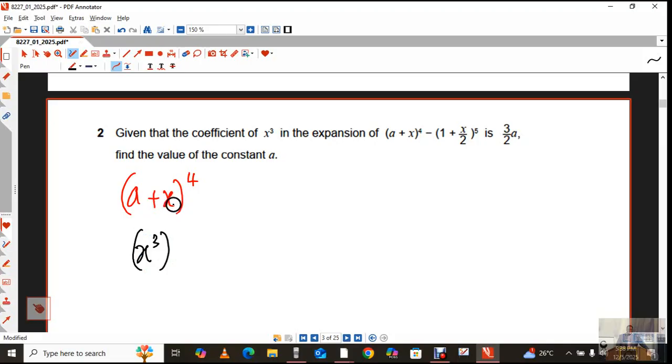In order for me to find that coefficient, I have got another term a here, so that a has to be power 1, because the two of them should add up to the 4 that I have over there. I'm just going to rewrite it nicely so you can see. So that means this x has to be cubed, therefore this one should be whatever you're adding to get that.